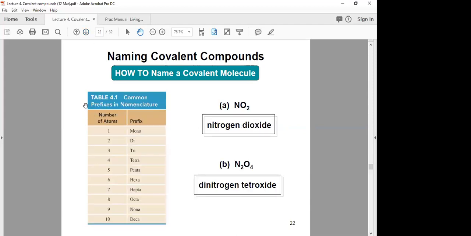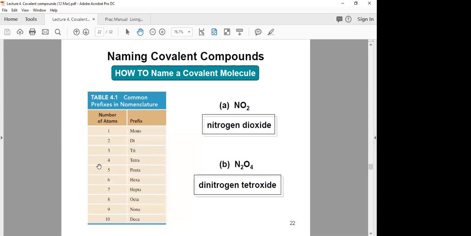All right, here's the table, which shows the common prefixes used in naming covalent molecules. Number one atom, one particular atom, is the prefix mono, which we don't normally use. If there's two atoms of a particular element, we use the prefix di. 3 atoms, tri, 4, tetra, and so on.